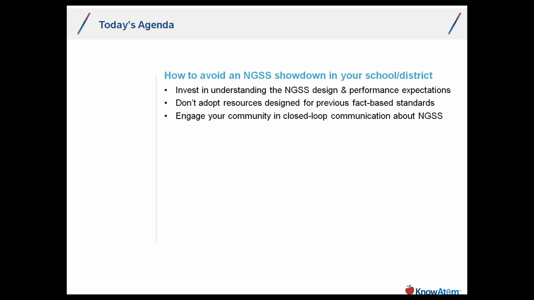Don't adopt a resource that's calling itself next generation aligned or next generation ready or whatever it is, despite the fact that it's from a giant company or not, because that model of fact-based standard instruction is not compatible with these Next Generation Science Standards. They're very much about higher order thinking and engaging your community in closed loop communication.